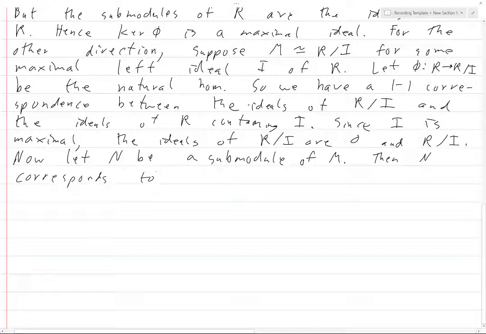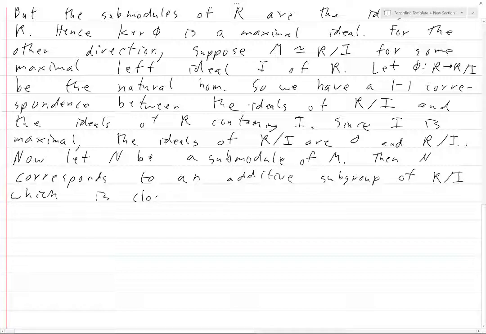So we know that M is isomorphic to R mod I. So under this isomorphism between M and R mod I, N as a submodule of M corresponds to an additive subgroup of R mod I under the addition structure, which is closed under multiplication by R, i.e. under the R module structure on R mod I.